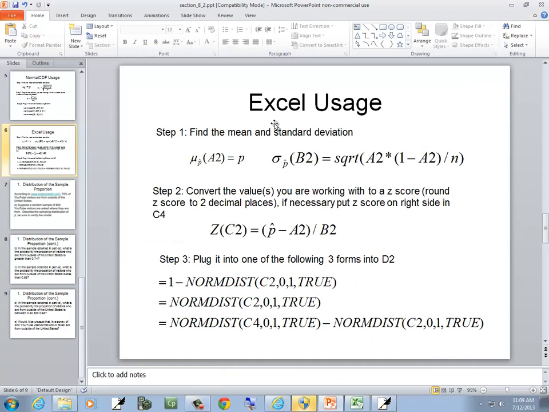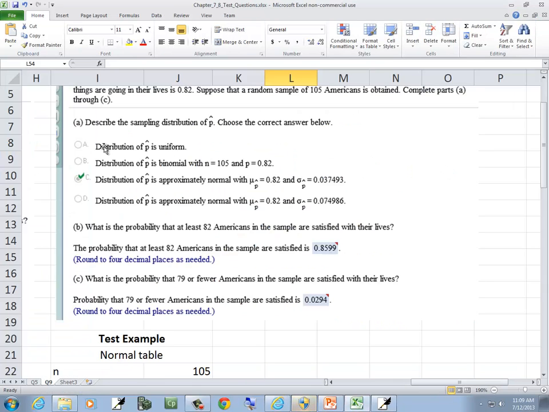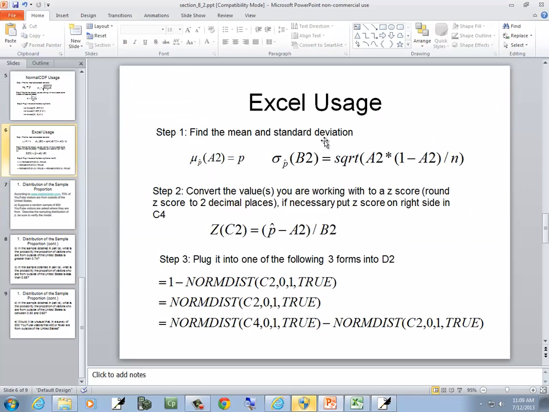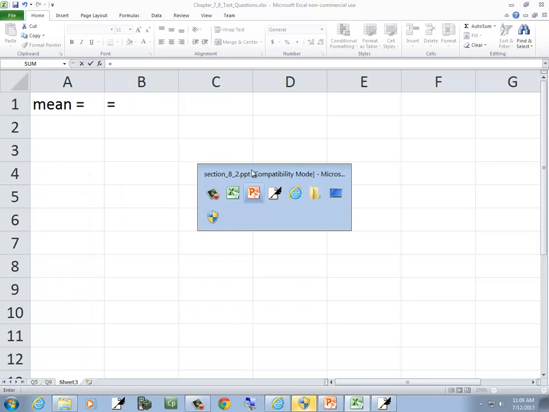Okay. Now, step 1, we want to find the mean and standard deviation. And so mu sub p hat, I'm going to put it in A2. So I'm going to come over here in A1, this is going to be our mean. And then equals, we're going to put p in there.